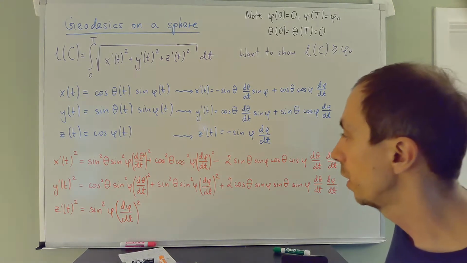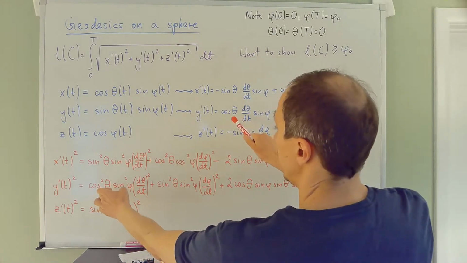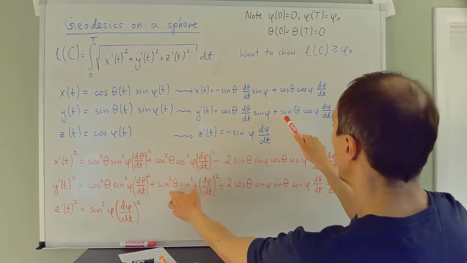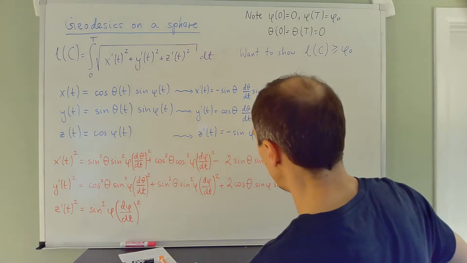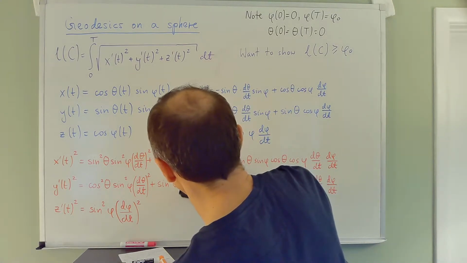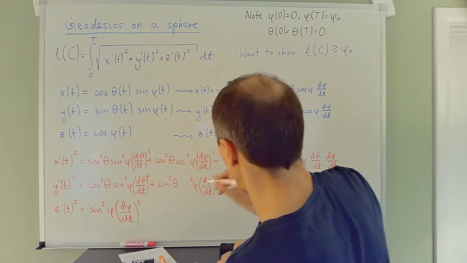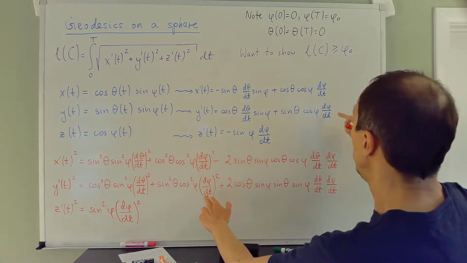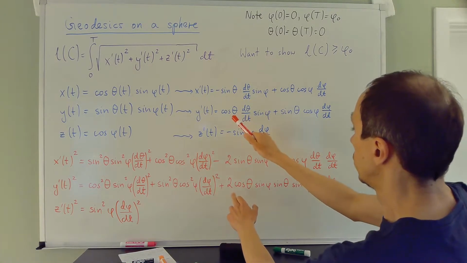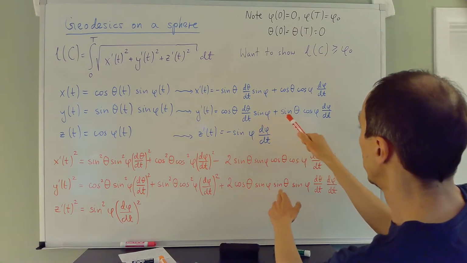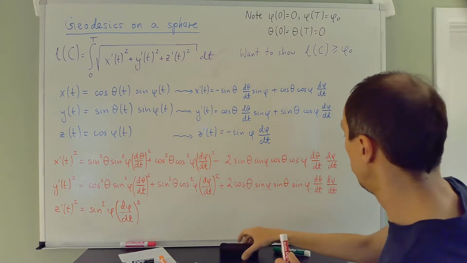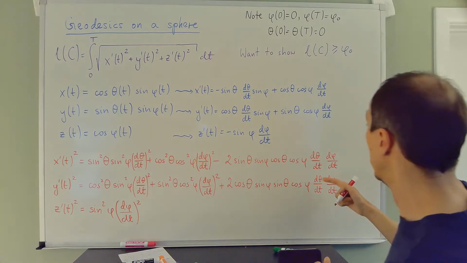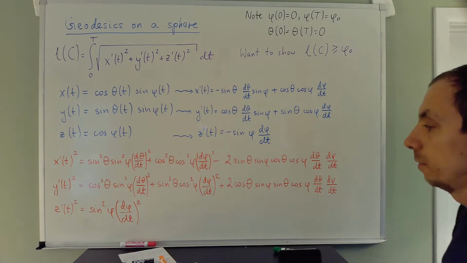Okay, let's square y prime. That's cosine squared theta sine squared phi d theta over dt squared plus sine squared theta, and this is now going to be cosine squared phi d phi over dt squared plus 2 cosine theta sine phi sine theta cosine phi d theta over dt times d phi over dt.